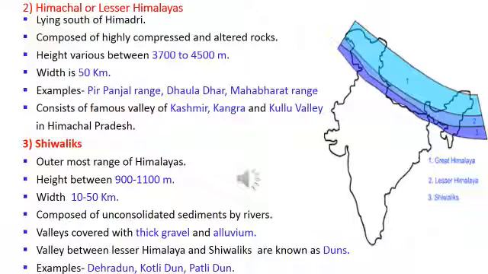These ranges are composed of unconsolidated sediments brought down by rivers. These valleys are covered with thick gravel and alluvium. The longitudinal valleys lying between Lesser Himalaya and the Shivaliks are known as Duns. Examples are Dehradun, Kotli Dun and Patli Dun.